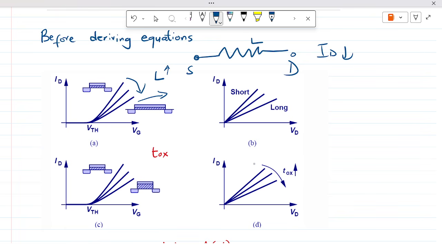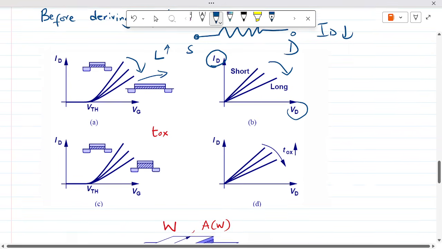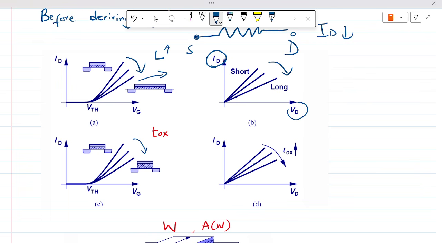Similarly, if we had a graph of drain current against the drain voltage, we also expect something similar. What about the thickness of the oxide? Increasing the thickness of the oxide, we expect the capacitance to reduce.